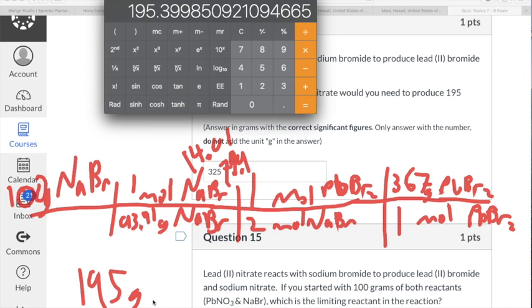Which, if you guys remember, my previous one, I only made 129 grams. So this is definitely more, so this I'll have excess of, which means my other one, my lead nitrate, is going to be the limiting reagent. So it was 195 grams going from NaBr.